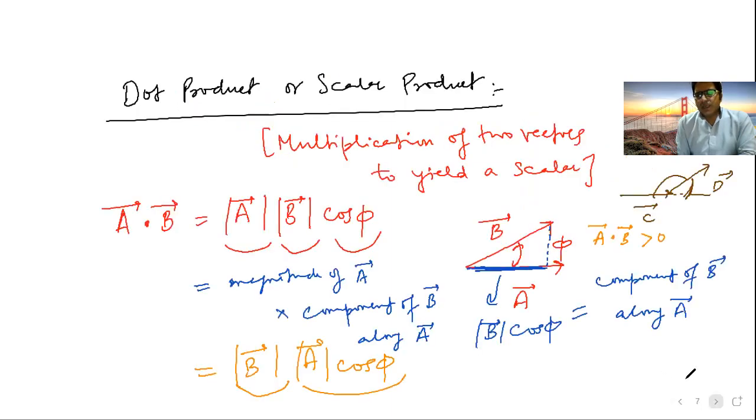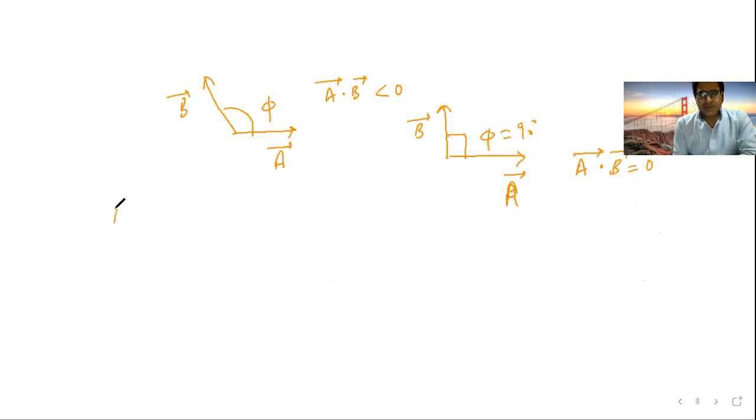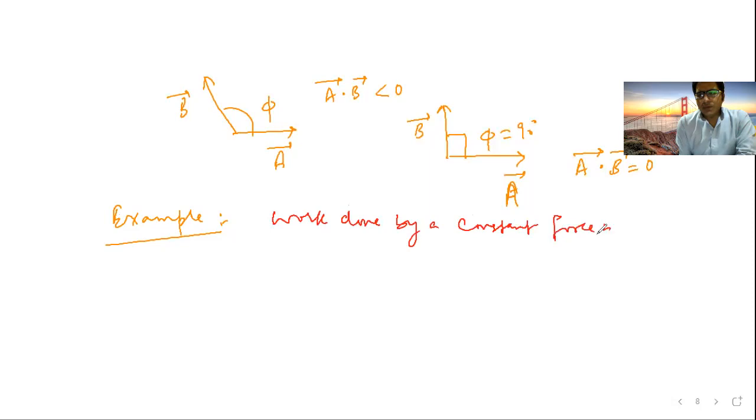Now I will give an example of dot product. In physics, we use dot product, and there are physical quantities which are themselves scalars and are expressed as dot product of two vectors. One example is work done by a constant force. Force is a vector.